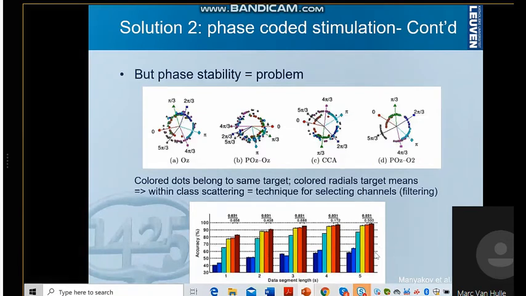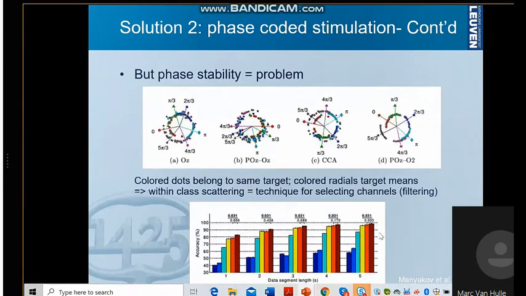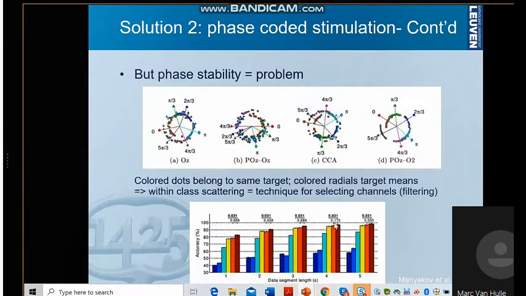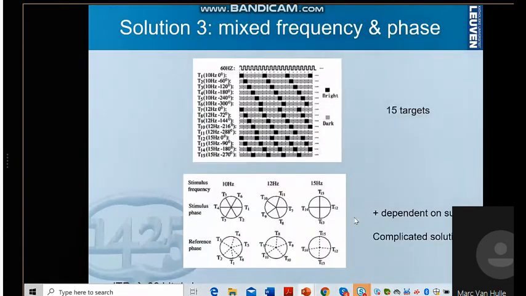Then you see several methods. Ours was the dark red one. So you get this kind of result. Typically, after a few seconds, you get a performance that is acceptable, way above 90%.